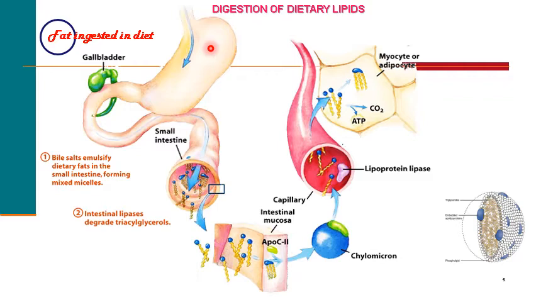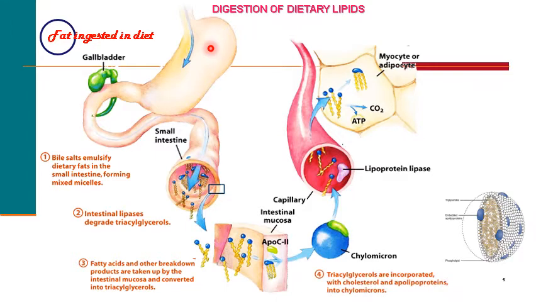The small intestinal lipase breaks down the lipids into their components, fatty acid and glycerol, and these products are taken up by the intestinal mucosa and converted into triacylglycerol. This triacylglycerol is incorporated with cholesterol and apolipoproteins into chylomicrons.